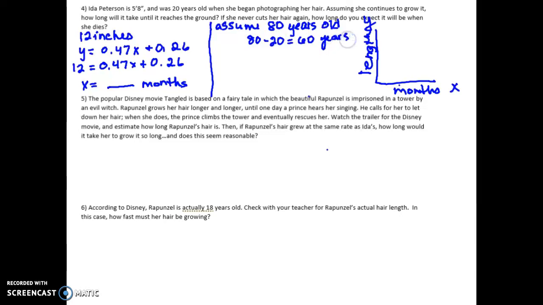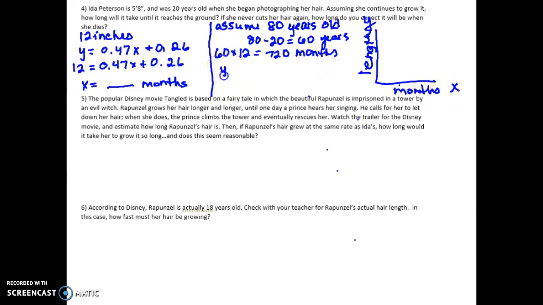But our input is actually in months, so we need to take 60 times 12. 60 years times 12 is 720 months. So our months in this case would be our input, our x value.